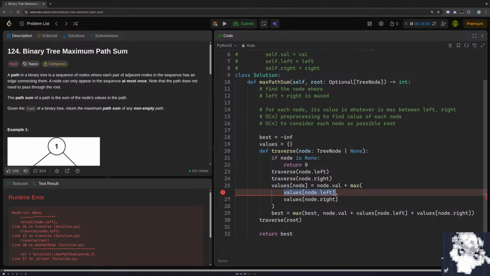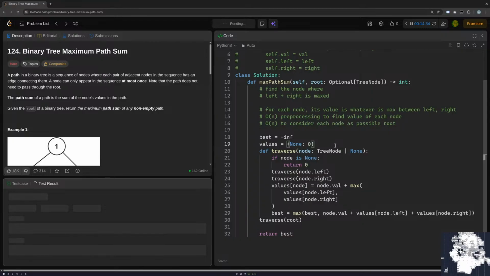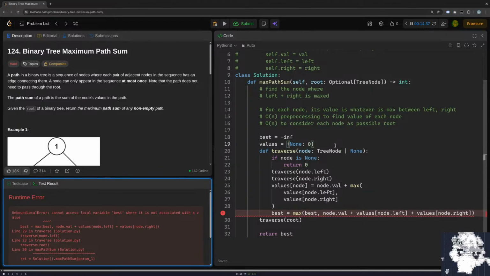So there's a KeyError. There's not supposed to be a KeyError because I was traversing in the right order. So how did I end up with a KeyError? Oh. Okay, this is kind of weird, but the fake nodes don't just have a value of 0.